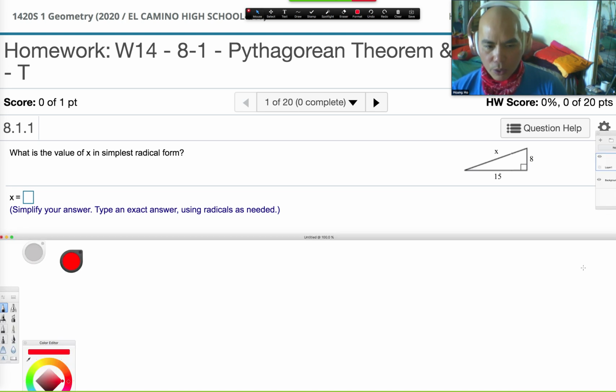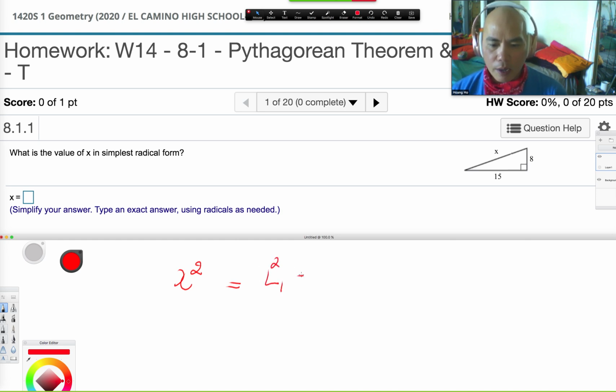If you take the hypotenuse, you square. The hypotenuse, when you square it, is equal to the two legs that you square and add together.